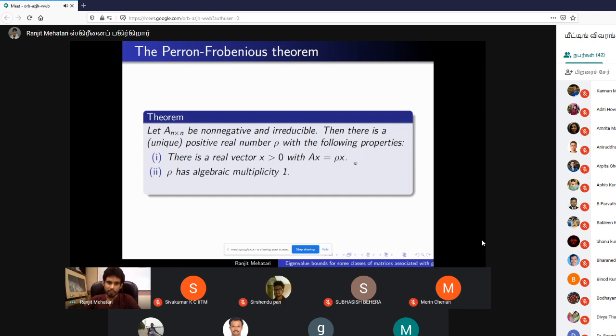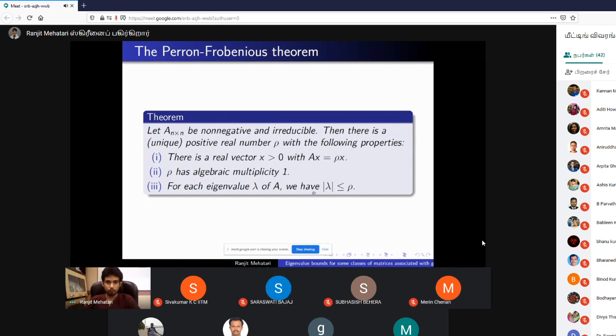Not only that, the multiplicity of that eigenvalue rho is exactly 1, and rho equals the spectral radius of the matrix. In fact, rho is the only eigenvalue with a positive eigenvector.